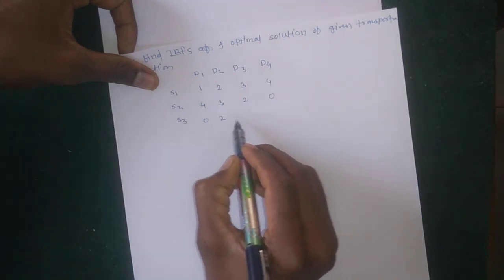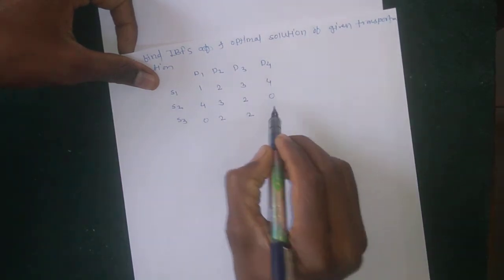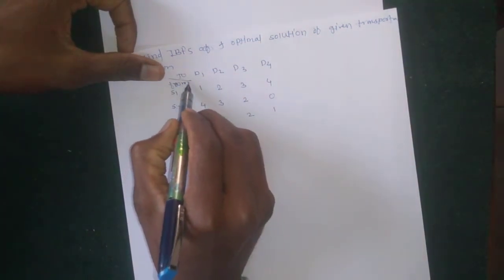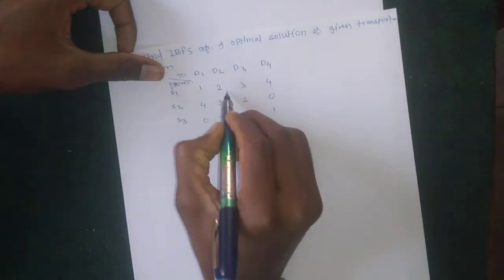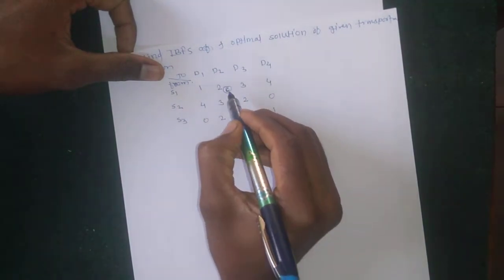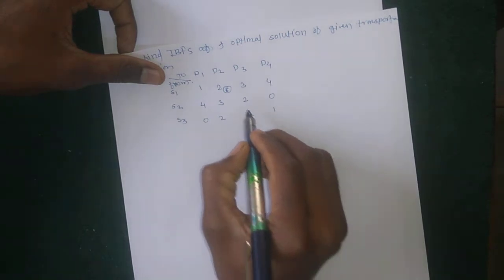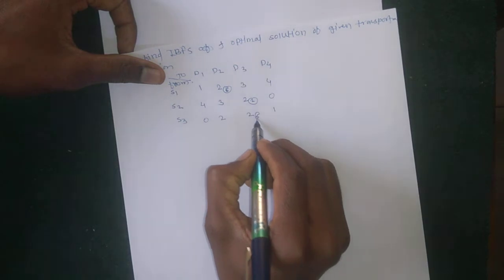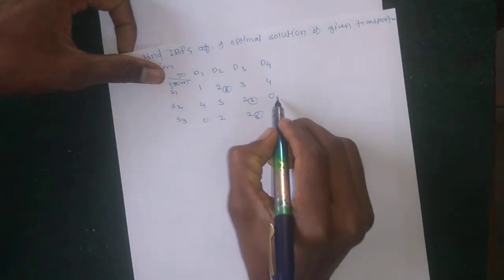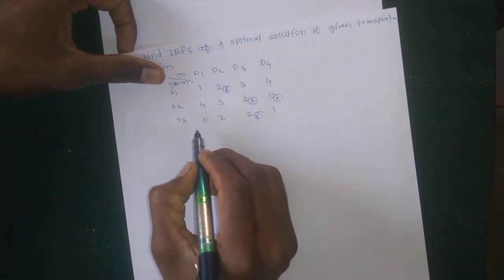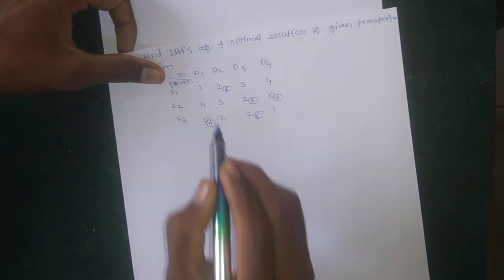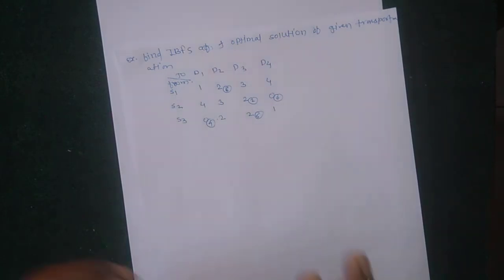The allocations are also given: 6 in the first row, 2 and 6 in the second row, and 6 and 4 in the third row. So this problem is directly given with allocations.